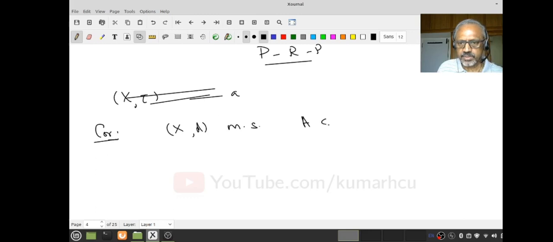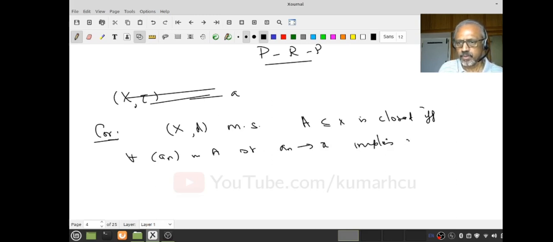A subset A of X is closed if and only if for every sequence a_n in A so that a_n converges to x implies x is in A. Do you understand this?